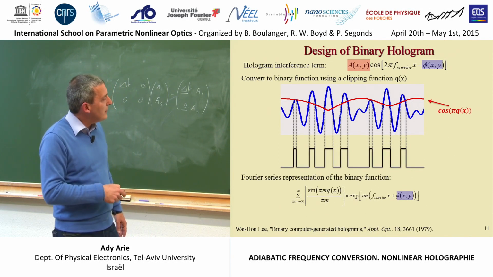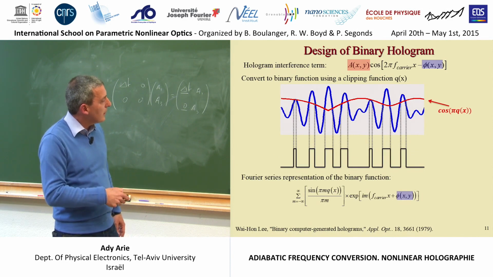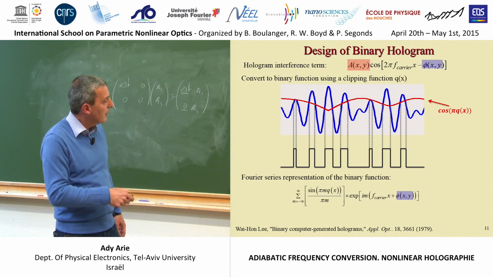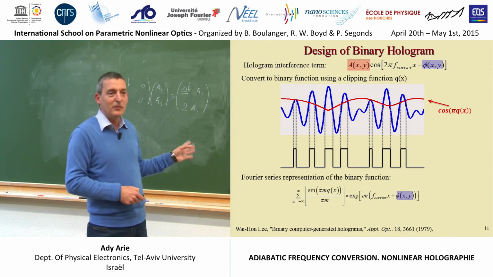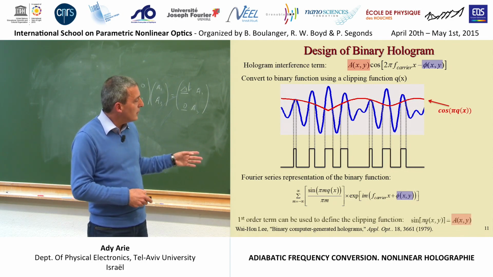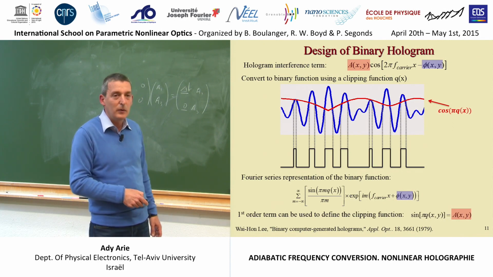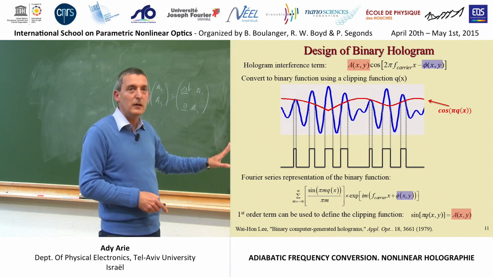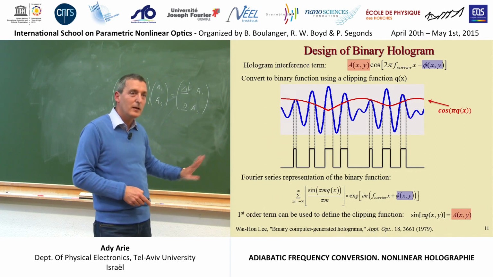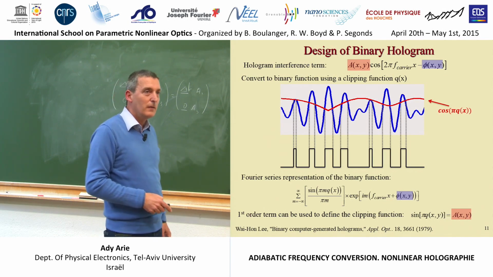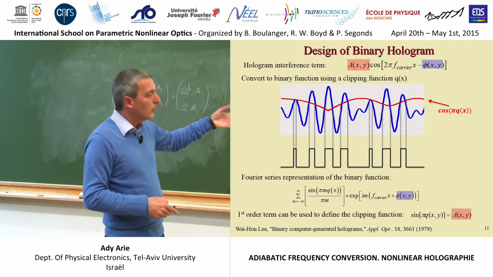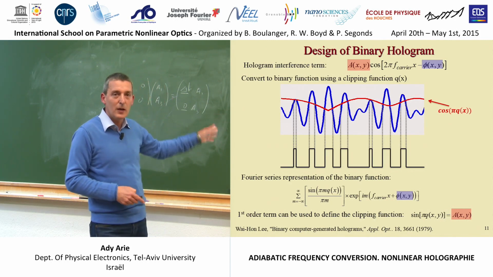This is a periodic structure, so we can write it using a Fourier series. This is the phase, and this is the amplitude. Usually, we are interested only in the first order term, so we can just use this with m equals 1, and this would define our clipping function. And this works really nice. With binary modulation, you can get a recording of both the amplitude and the phase.